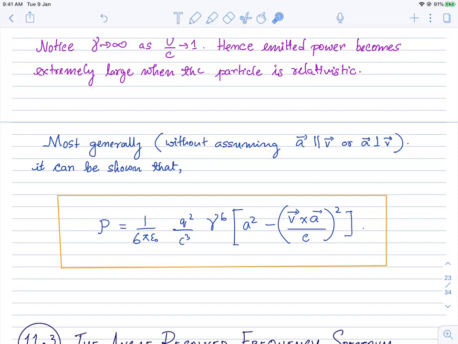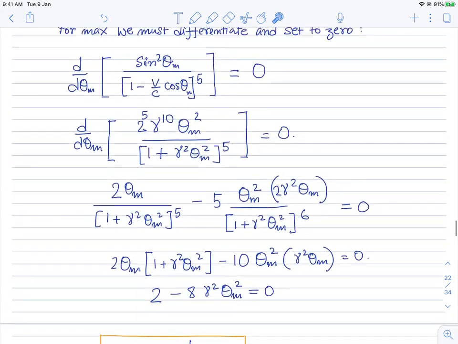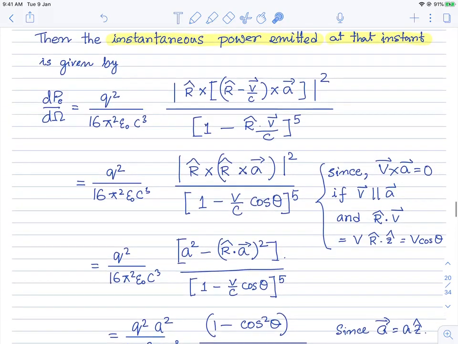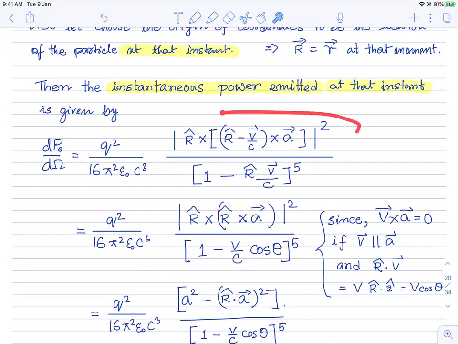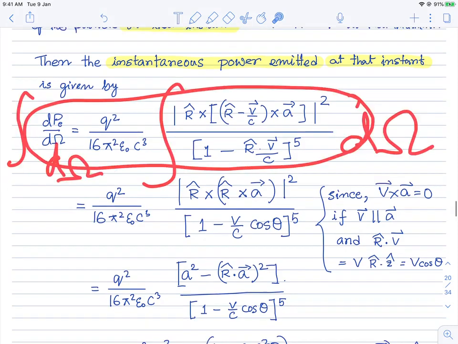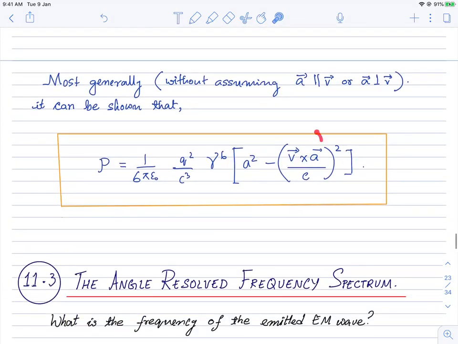Starting from the general formula for dP d omega, without assuming anything, if you integrate it over d omega, the claim is that you will get this result in general. For any acceleration, you'll get this result for the total power. And clearly, the total power is multiplied by this gamma to the 6.